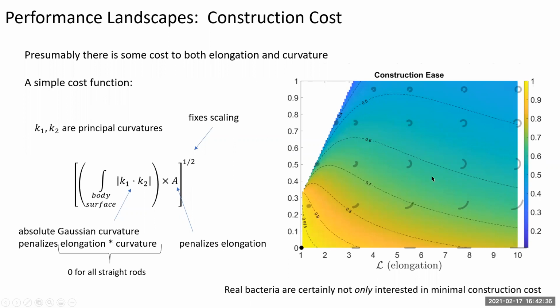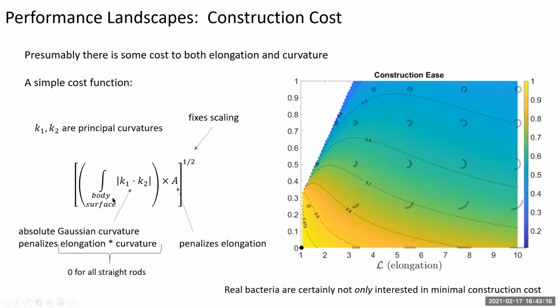So if you look over a surface of your cell body, you could define these principal curvatures mathematically. That's just sort of how sharp the surface is at a point. And there's something called the Gaussian curvature, which is the product of these two principal curvatures. But because I assumed that a convex curve would be equally costly to a concave curve, whether you have a sharp corner pointing out or a sharp corner pointing in, they're probably both going to cost.